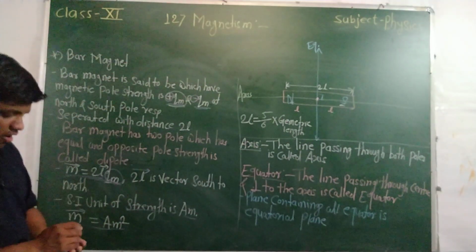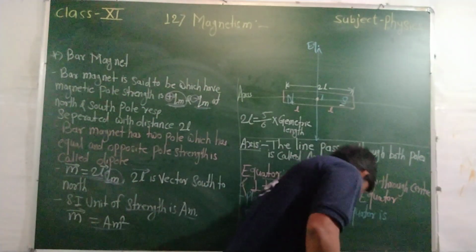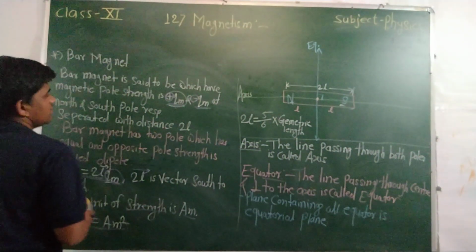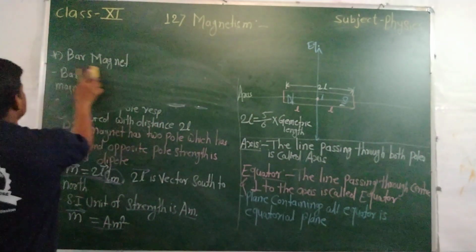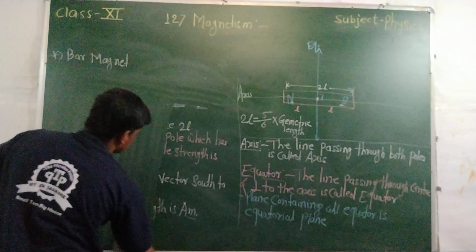Now we are solving one of the smaller derivations for the electric and magnetic field. This is all the information about bar magnets.